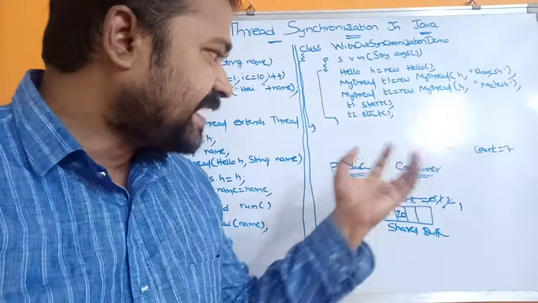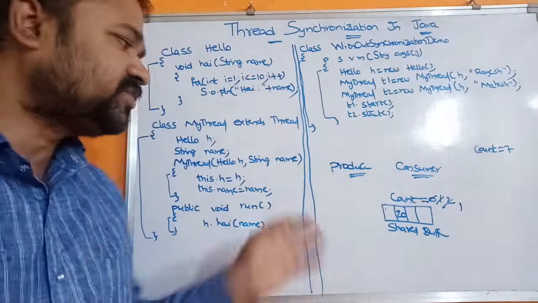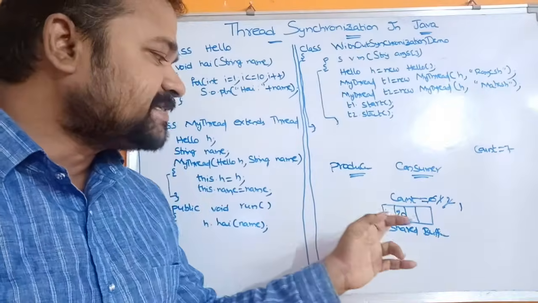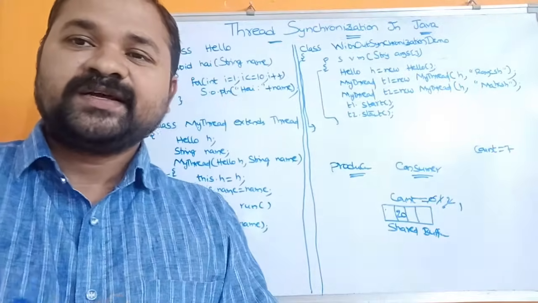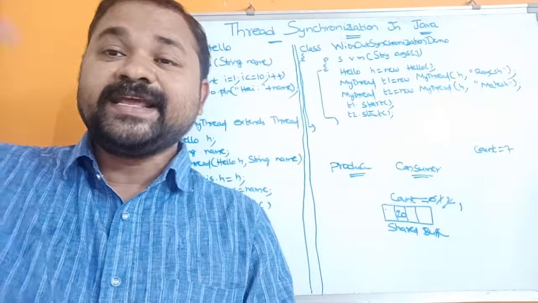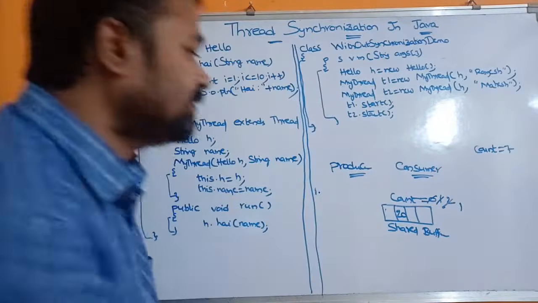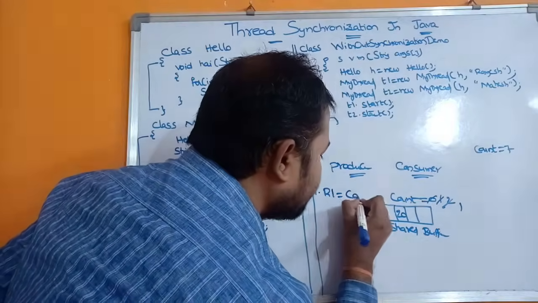Okay. Let us write the logic for the producer thread here. What will the producer thread do? The producer thread produces an item, places it in the buffer, and increments the count value by 1. Generally, any thread performs operations internally in the form of registers. So the first step is that the count value will be stored in a register: R1 is equal to count.